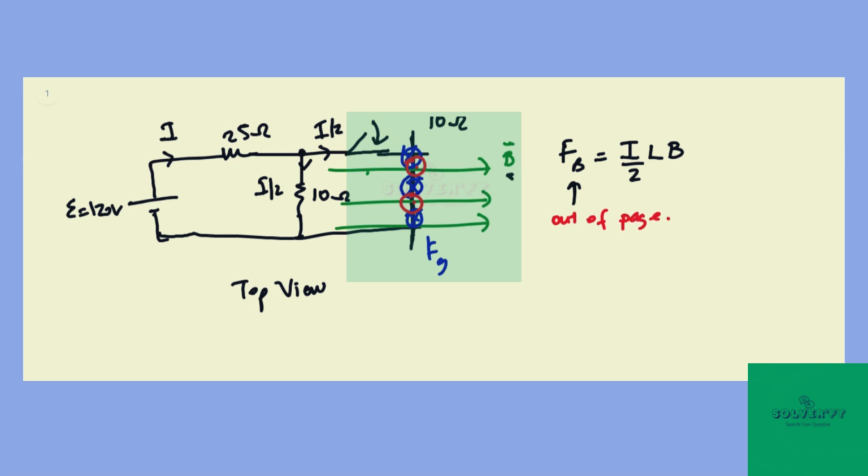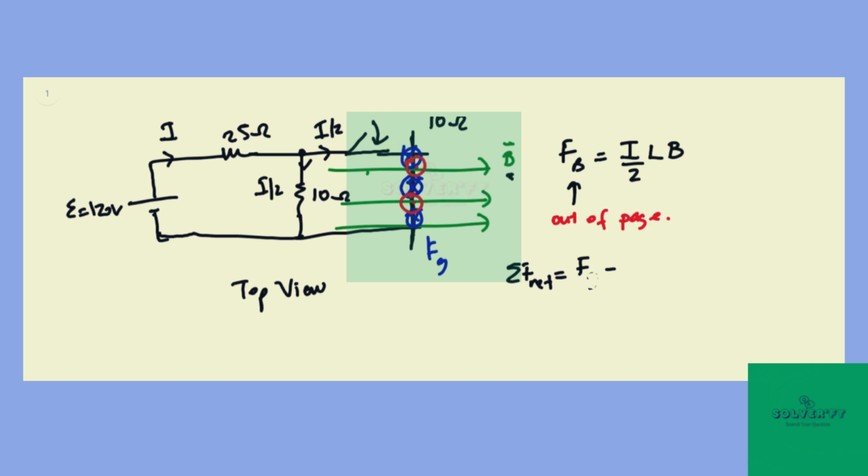So F sub B is counteracting the gravitational force. When we write the net force acting on the bar, F sub B is up.